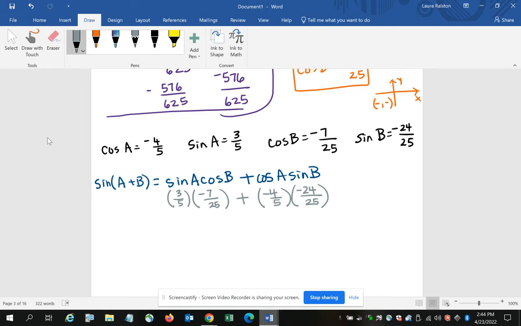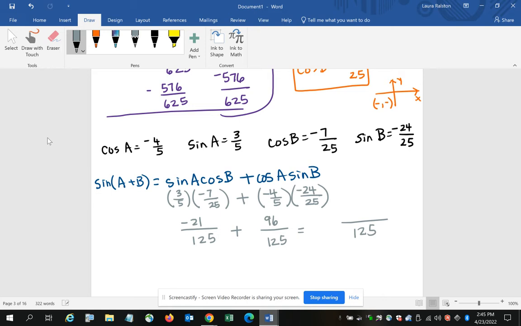3 times negative 7 is negative 21 over 5 times 25 is 125 plus negative 4 times negative 24 is positive 96 over 125. Then we have a common denominator, so we keep the denominator.